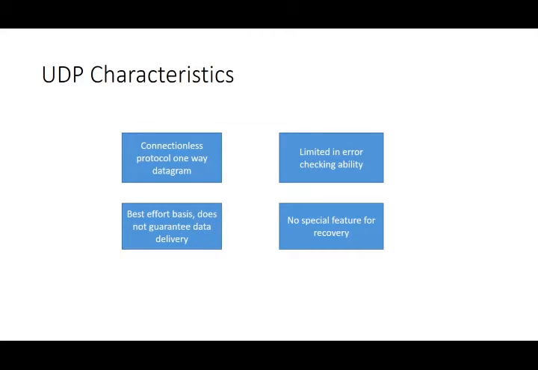Packets could be corrupted in transit, they could be misdirected, or they could be lost along the way. UDP doesn't have any special feature that will recover from that. For all of that, we are going to rely on the upper layer application to handle any error correction, detection and retransmission. UDP doesn't do that for us.